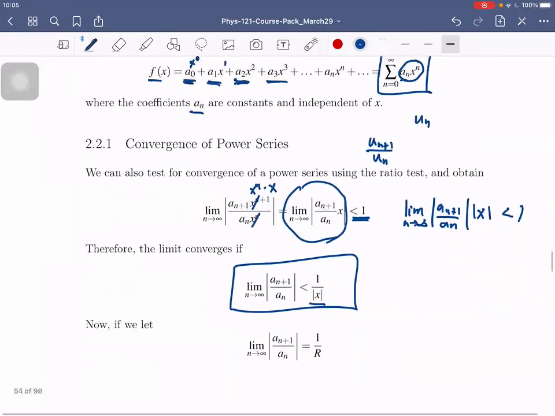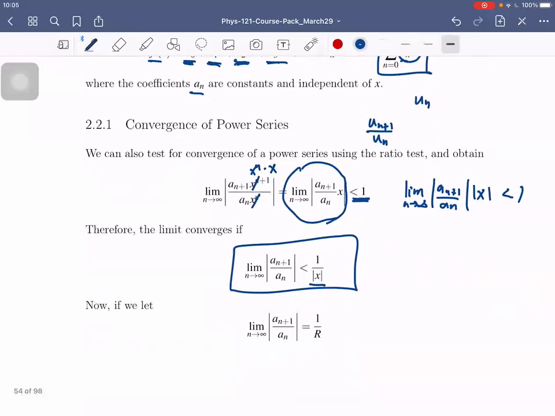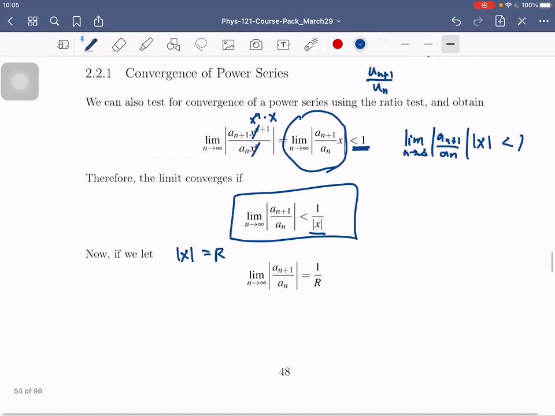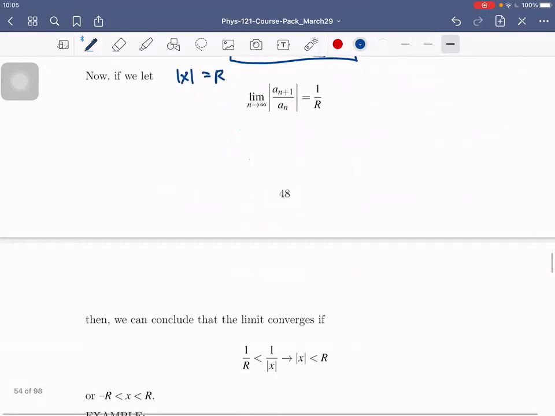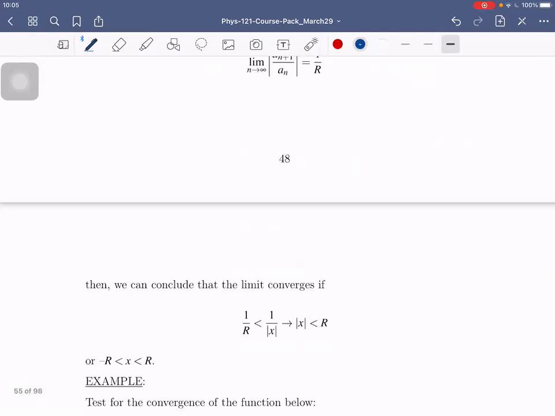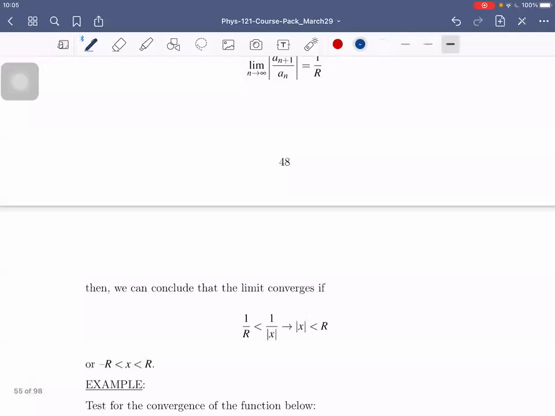Tama? So pwede nating palitan lang para hindi kayo malito. Let's let absolute value of x equal to r. Some range r. Okay? So para mag converge, ibig sabihin yan, dapat yung 1 over r natin should be less than 1 over absolute value of x.